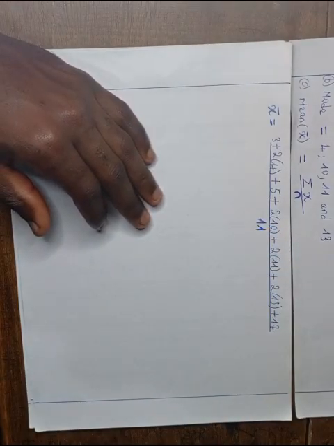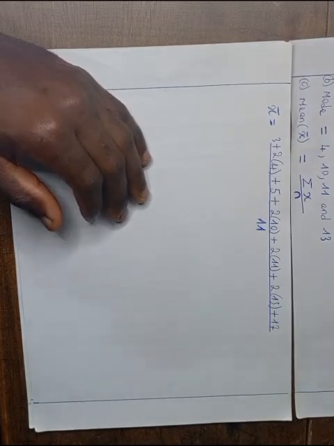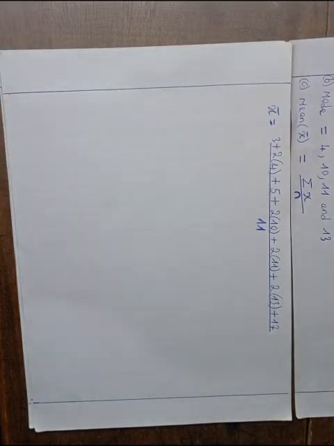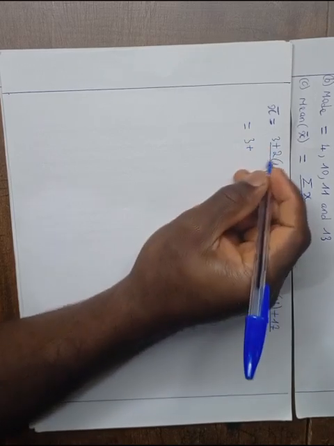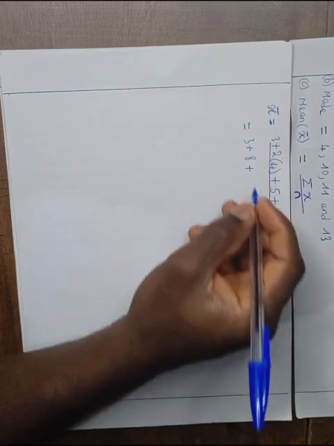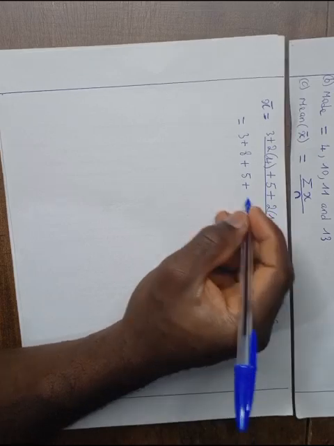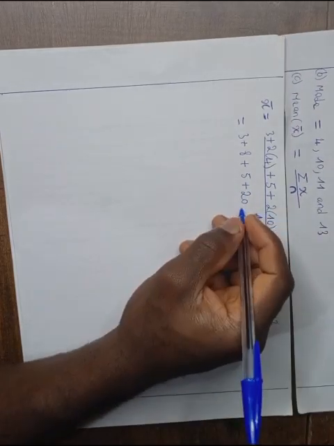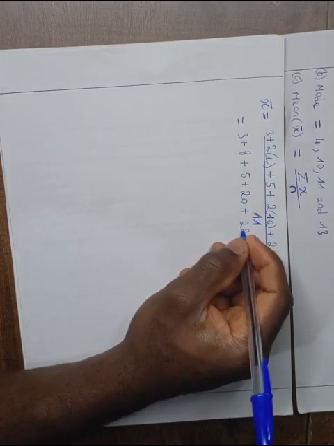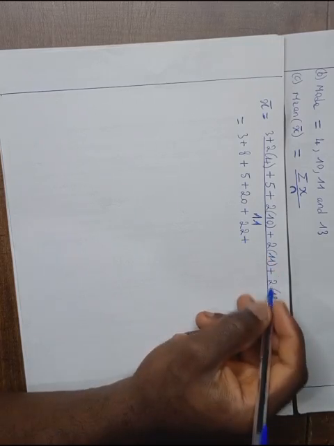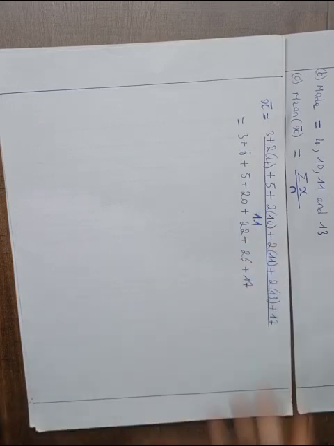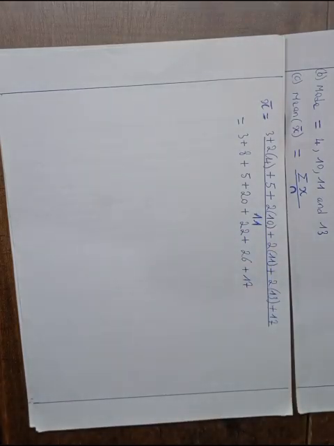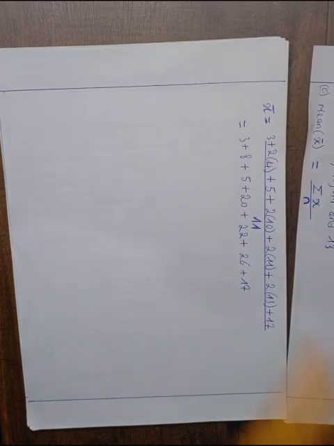And this will give us 3 plus 2 times 4 gives us 8, plus 5, plus 20, plus 22, plus 2 times 13 gives us 26, plus 17, all over 11.